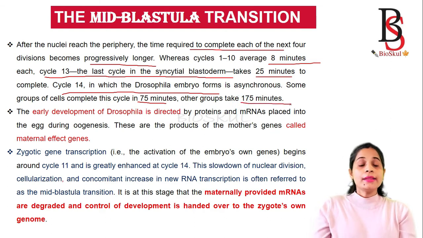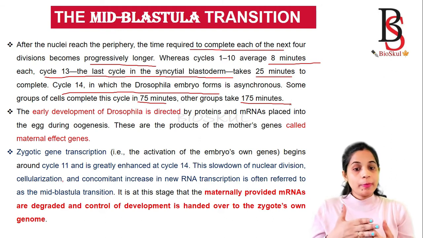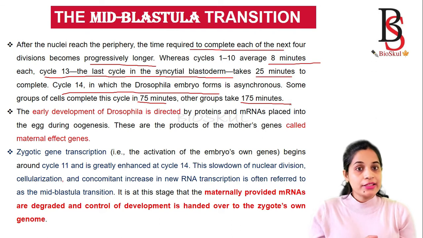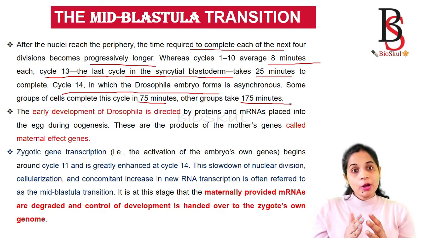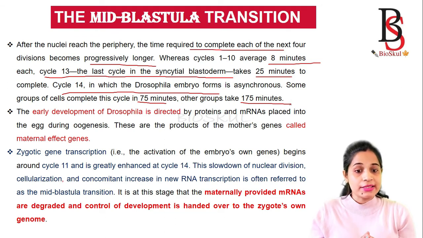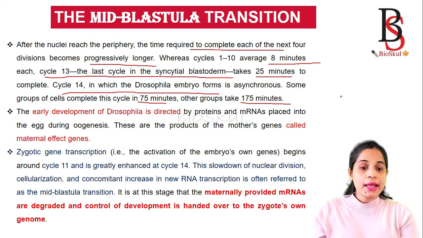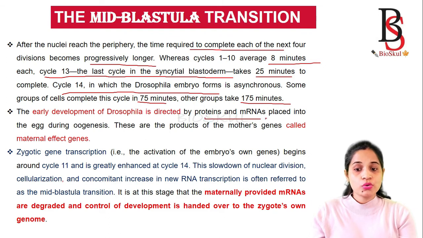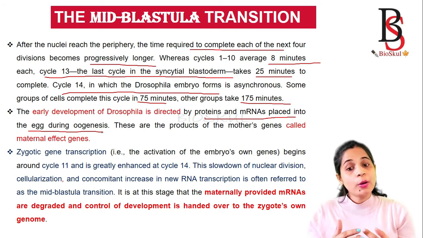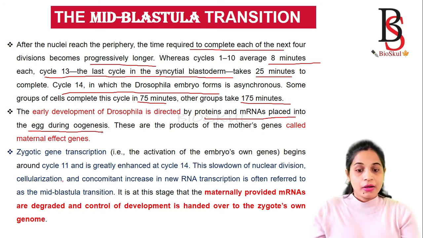The early development of Drosophila is directed by the maternal effect genes, meaning the proteins and the mRNA placed into the egg during oogenesis that direct the early development of Drosophila.